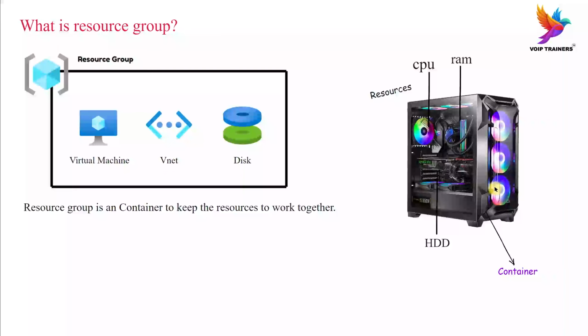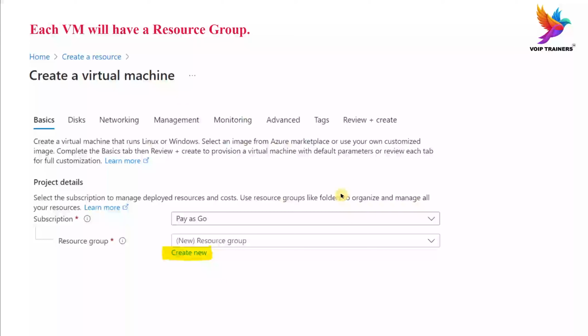Resource group is nothing but a folder or a container which is going to keep all the resources to work together. Each VM will have a resource group. So when you are creating a virtual machine, it will ask whether I need to create a new one or I can select a resource group which is already created. So the resource group is mandatory if you want to create or install any VMs.